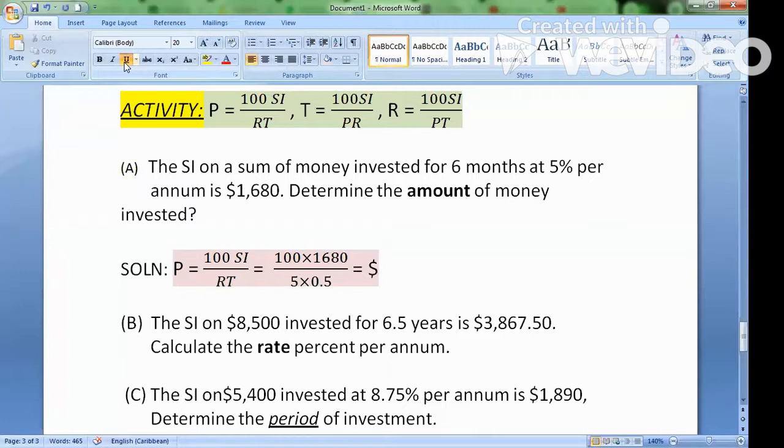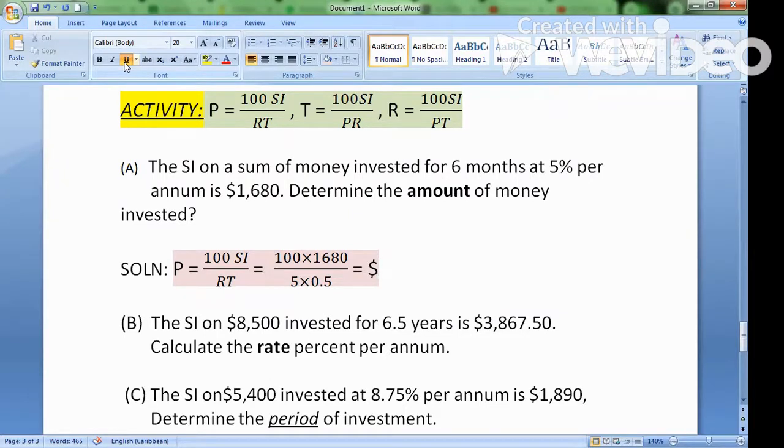Because I wrote it on my phone, I don't even know if it works properly. 16,800. No, I don't think so. Sir, what's under the 100 times the 1680?